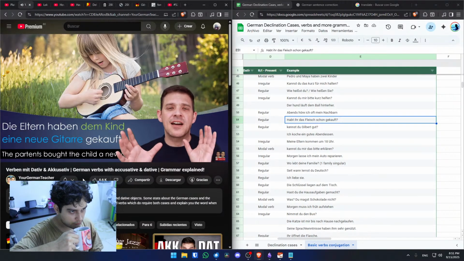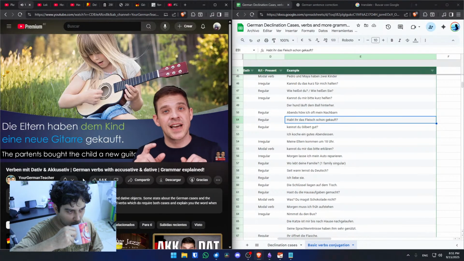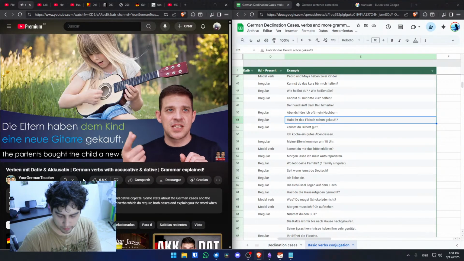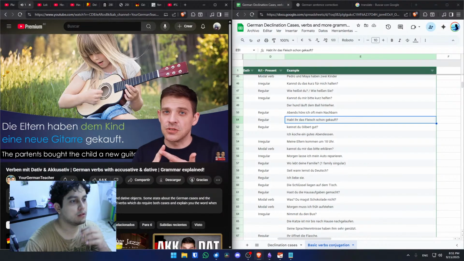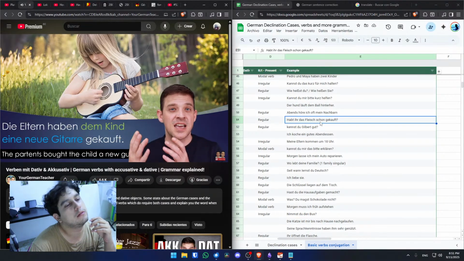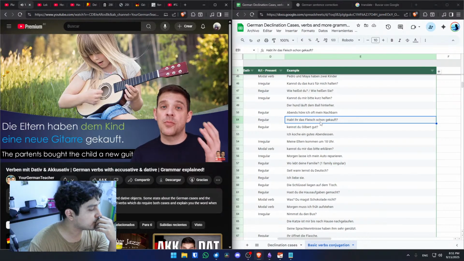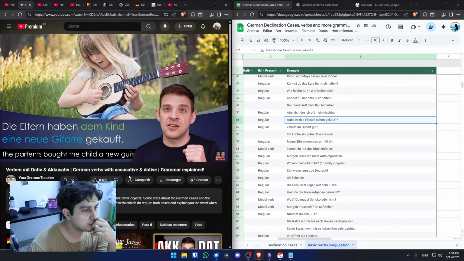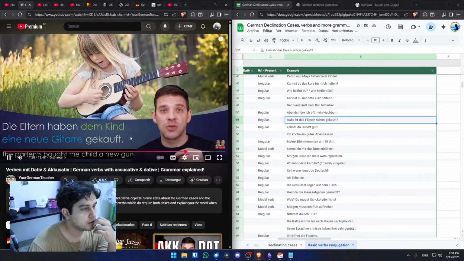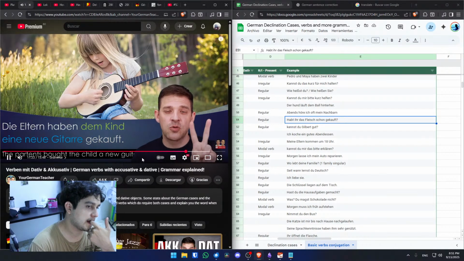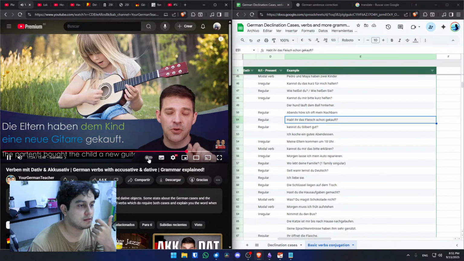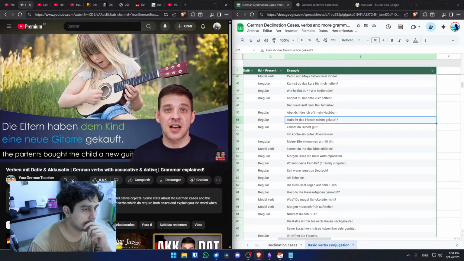So if you only have one object, then you only have one case. So ich kaufe einen Computer. That's just one object, einen Computer, and therefore you only have to use accusative. Aber ich kaufe dir einen Computer. I buy a computer for you. Then we have two objects, plus one person. So you have to have dative und Akkusativ.